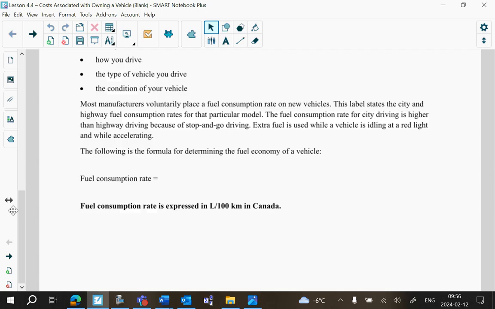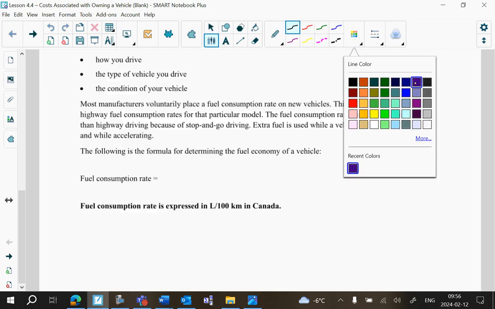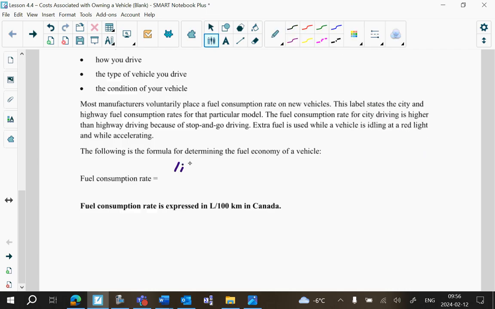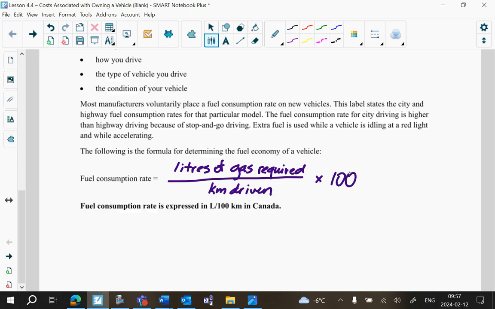So the fuel consumption rate, how do you calculate it? It is the liters of gas required or used, divided by the kilometers driven, times 100, because we want to express it for every 100 kilometers.